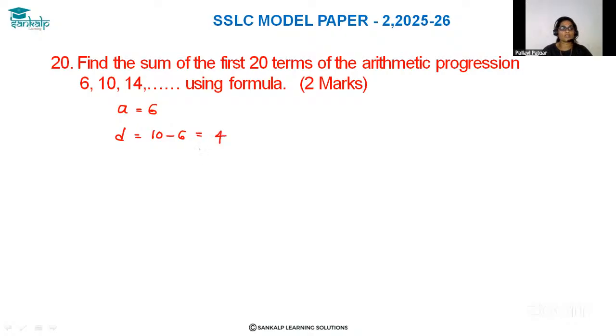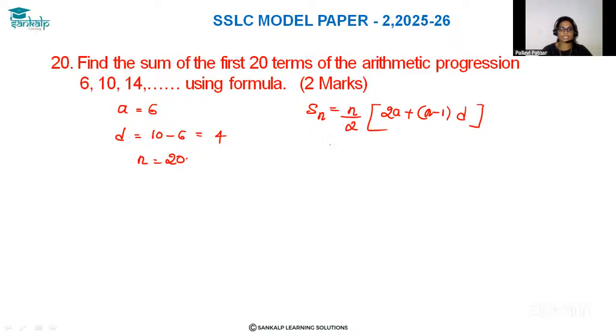So the number of terms, that is the sum of n terms, n is equal to 20. So use the formula for the sum of an AP. The formula for the sum of the first n terms of an AP is given: Sn is equal to n by 2 into (2a plus (n minus 1) into d). Okay. So substitute the values and calculate the sum of 20 terms of the AP.